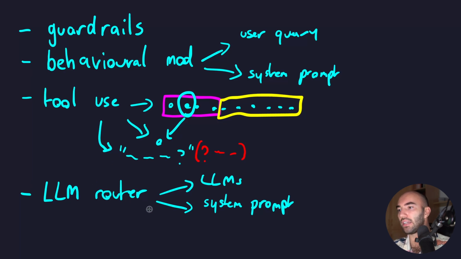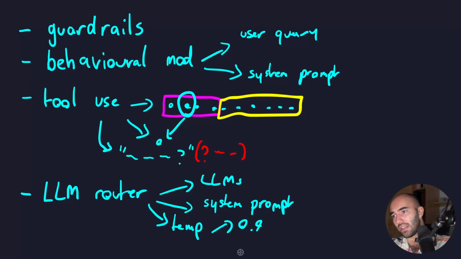And then, of course, as I mentioned, there's the temperature and other model settings. So in the creative writing example, someone says they want to write a story, you're just going to put the temperature up to 0.9 or something. Whereas if someone's asking, oh, I really need help figuring out this problem, I have some code, what do I do?